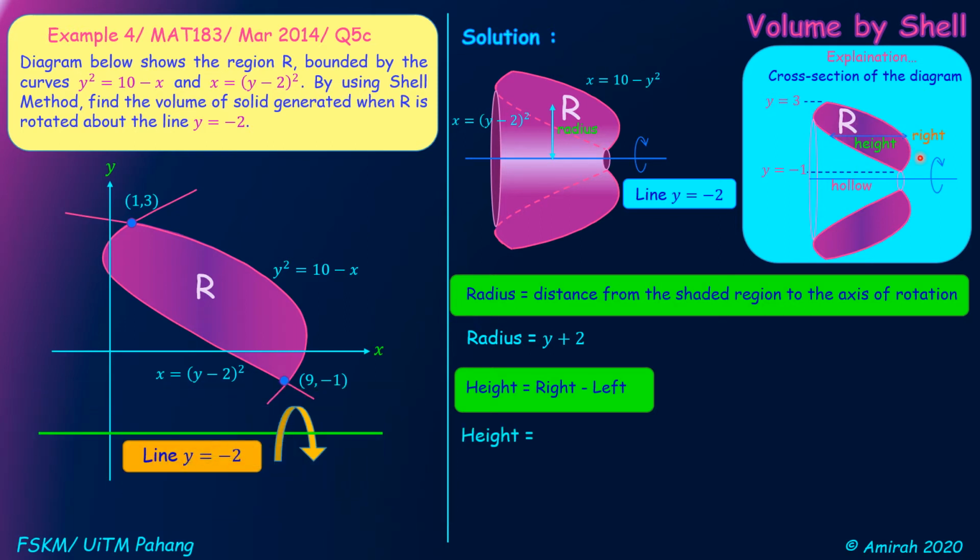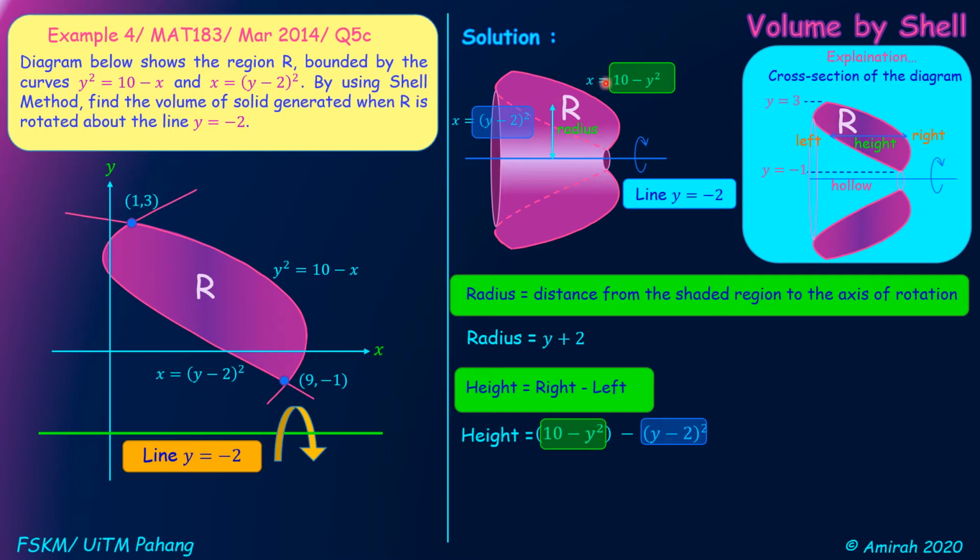Height is the right function minus the left function. From here, the right function equals 10 minus y squared, and the left function equals (y minus 2) squared. So we put it here.